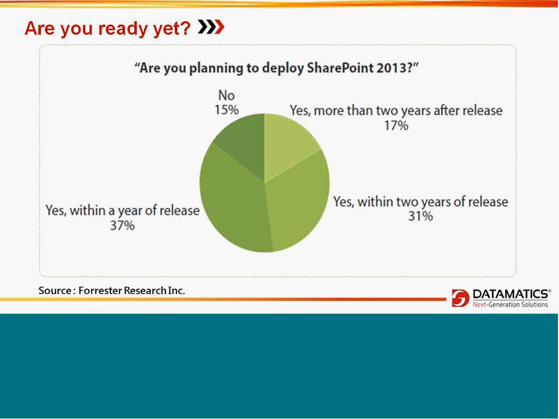So there is no direct upgrade that can be done from the perspective of configuration. You need to have them configured differently. So first, configure your service applications, whichever in your farm are required. Then you can attach the databases which are upgraded to the new farm.